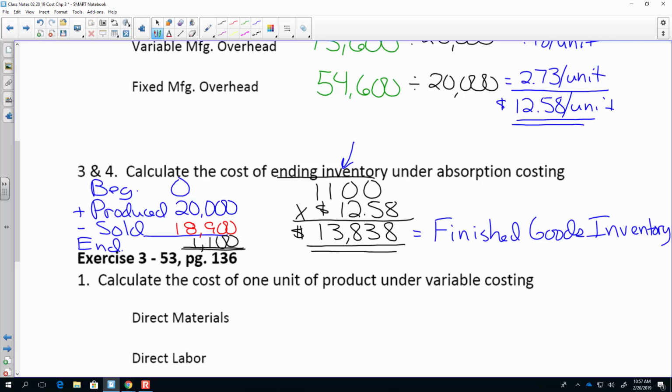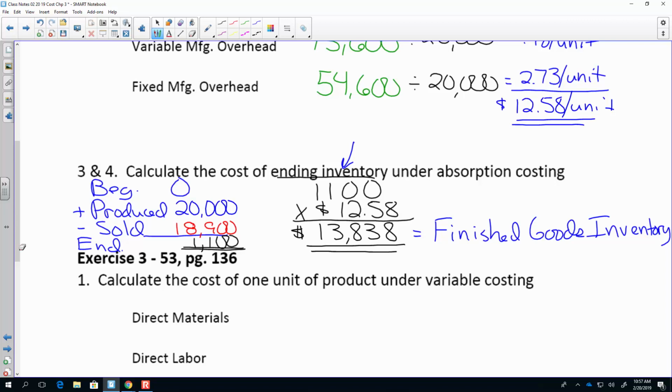Work in process inventory, which is uncompleted, right? These are completed units, 1,100 completed, not sold. That's finished goods. What's the third one? The one before WIP? Material inventory, raw material inventory. Very good, excellent. Okay, good job, everyone.